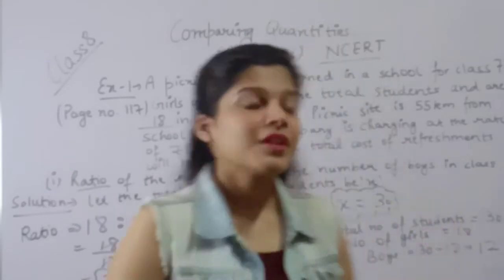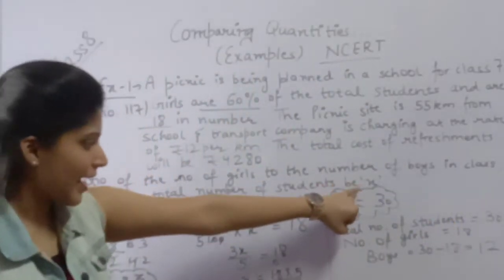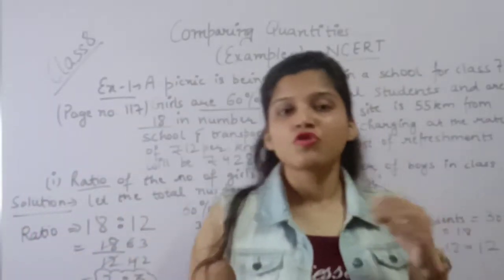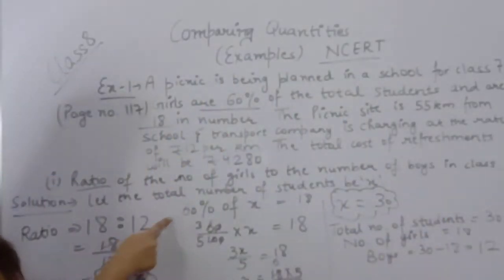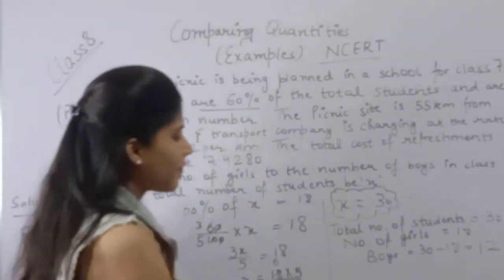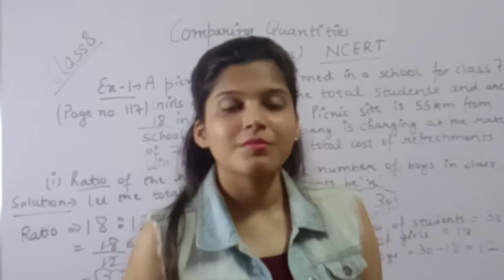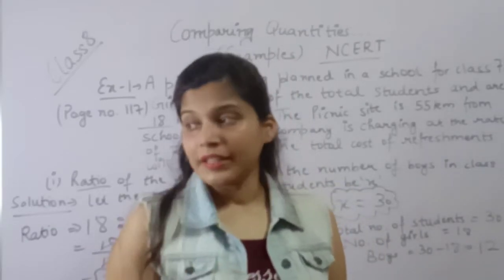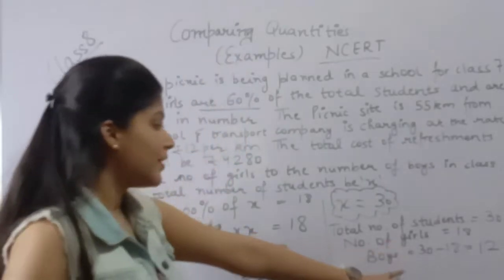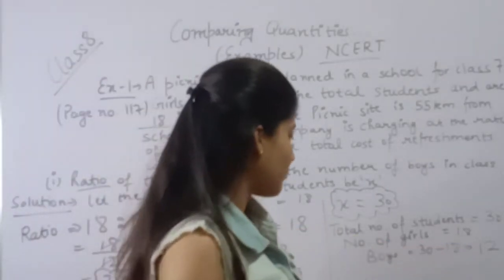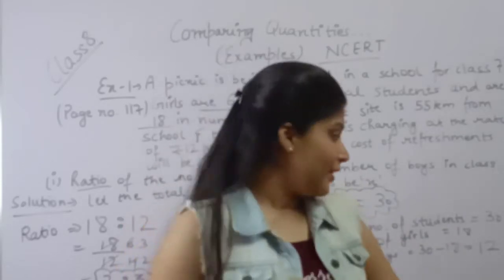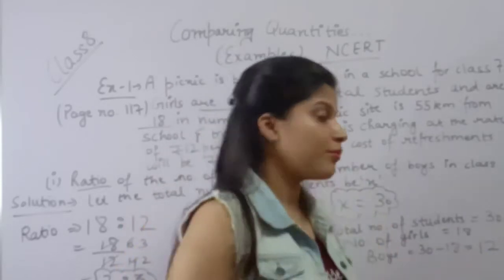We formed an equation, 60% of x equals 18. Then we solved and found the value of x, which comes out to be 30. It means total number of students is 30 and number of girls is 18. So number of boys equals 30 minus 18, so we get 12.